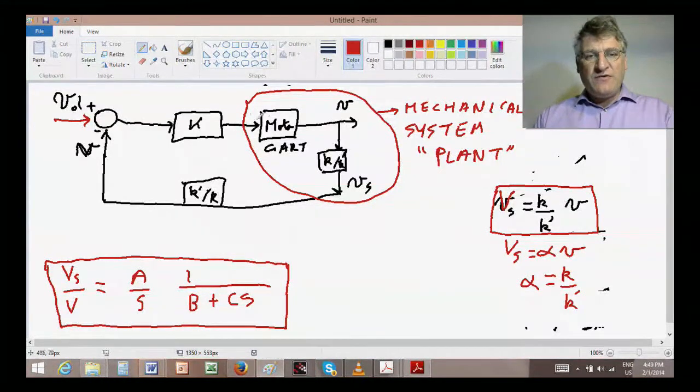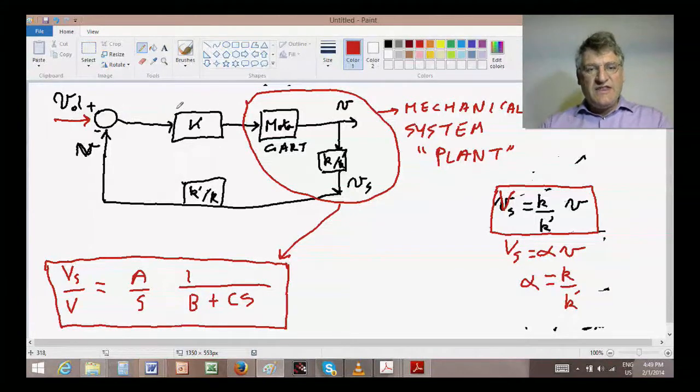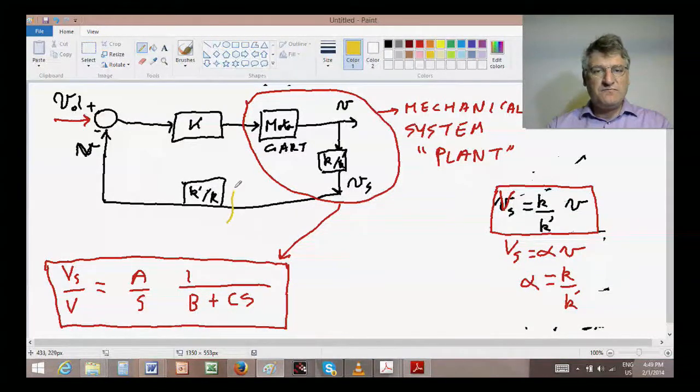The transfer function from input voltage to output voltage is this guy. That part is the controller.